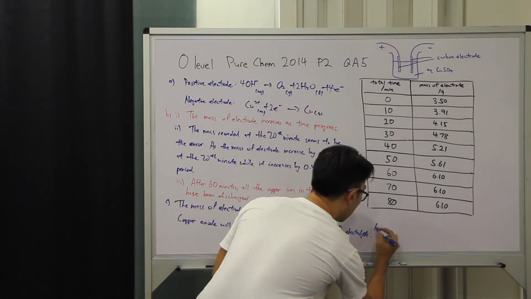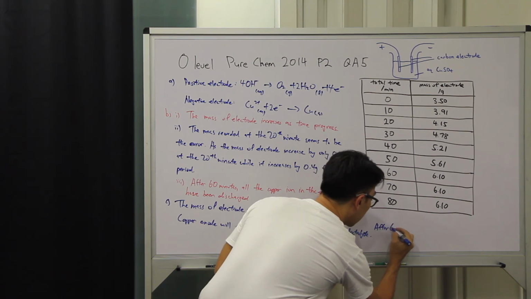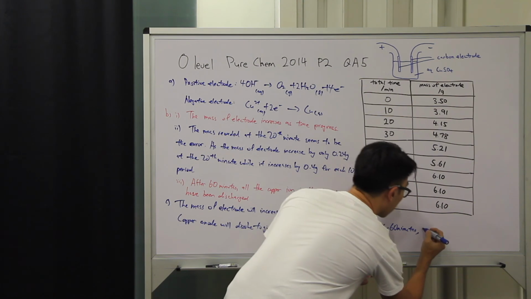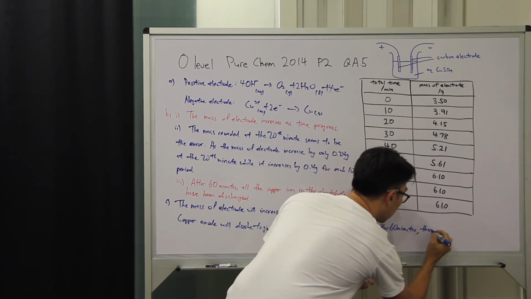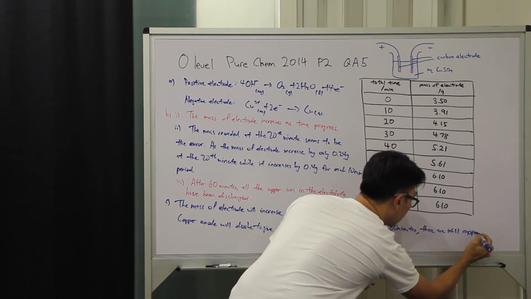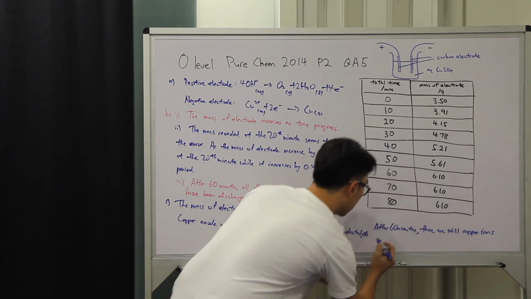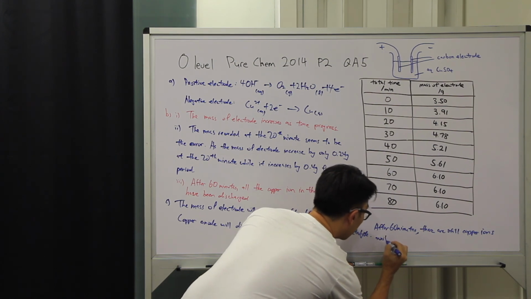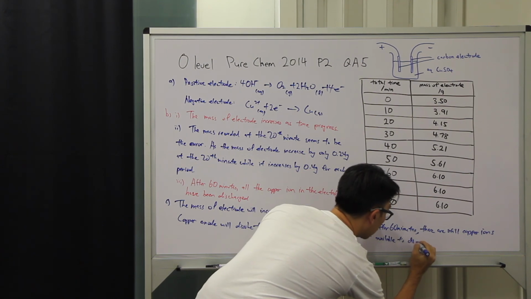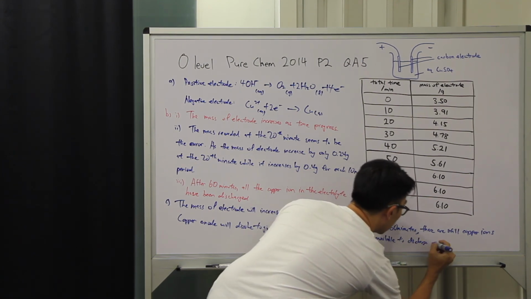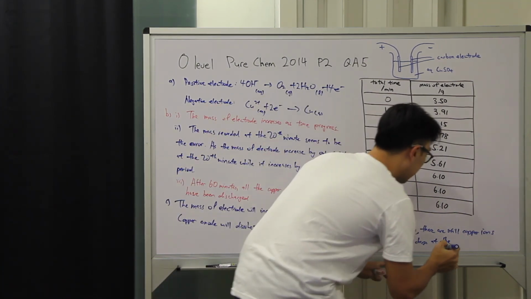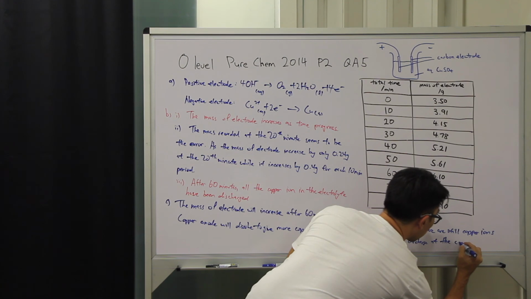So after 60 minutes, there are still copper ions available to discharge at the negative electrode, the cathode.